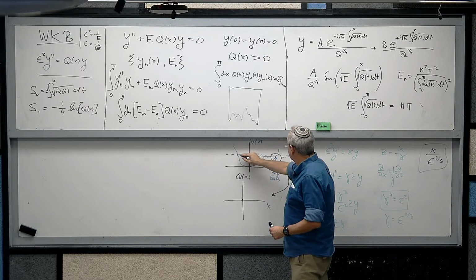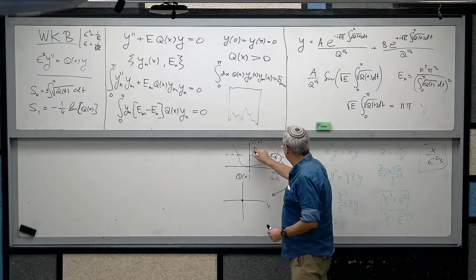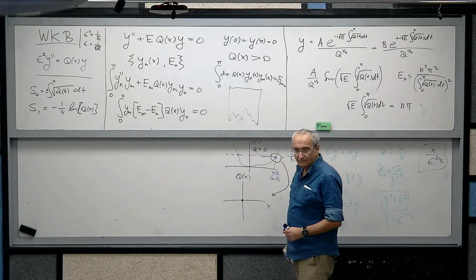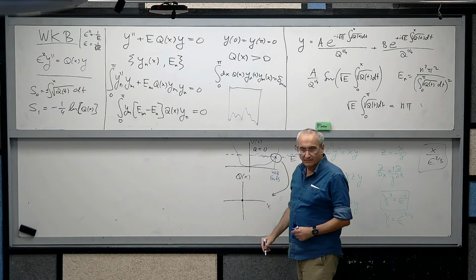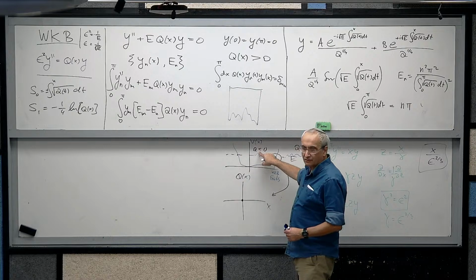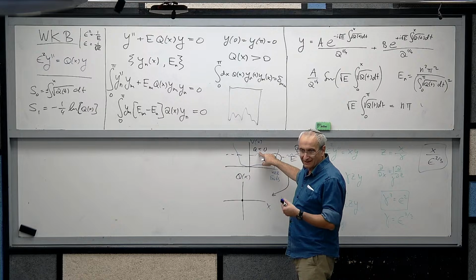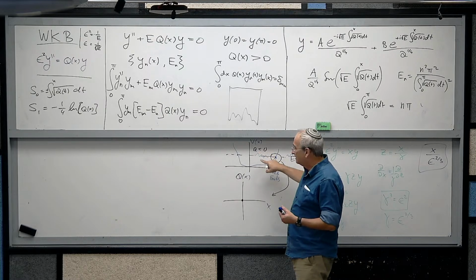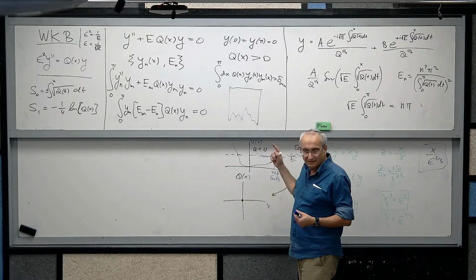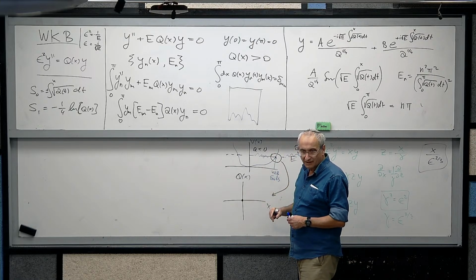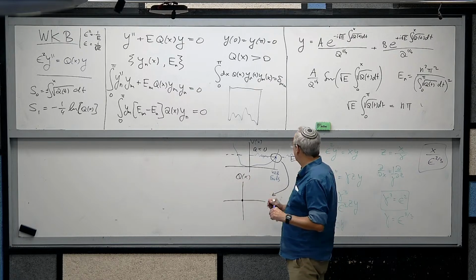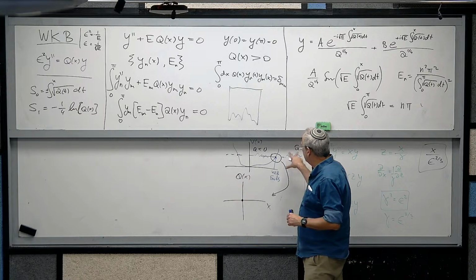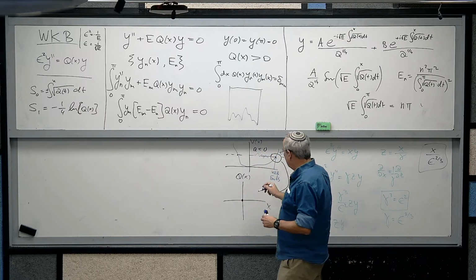So here in the region from here to here, q is smaller than 0, it is negative, and here q is positive. When q is negative, I have an i in the square root of q, and I have a sine and cosine like function. And here I will have exponential decay or exponential growth, as usual. So I know how to solve things here and here.